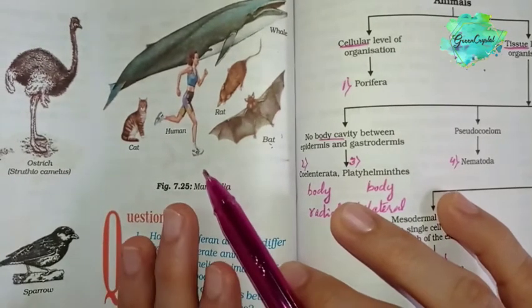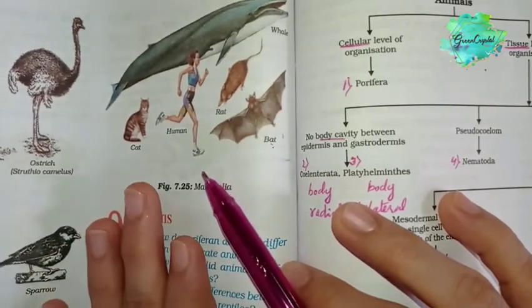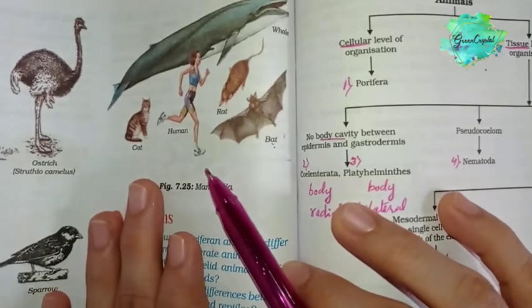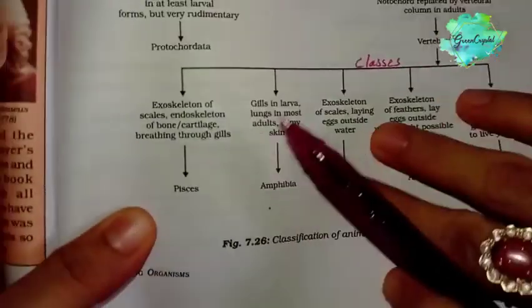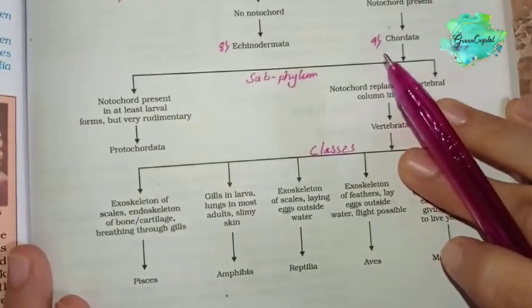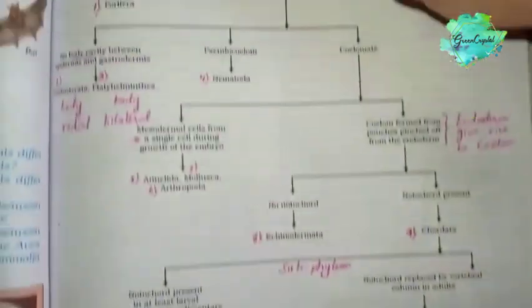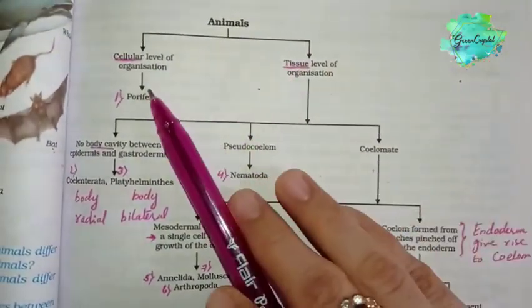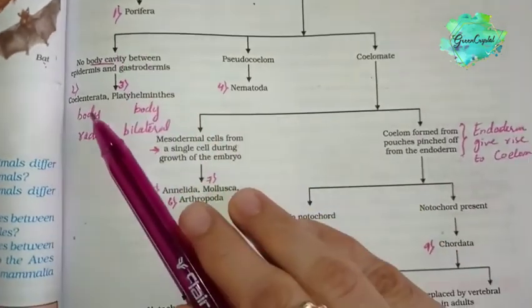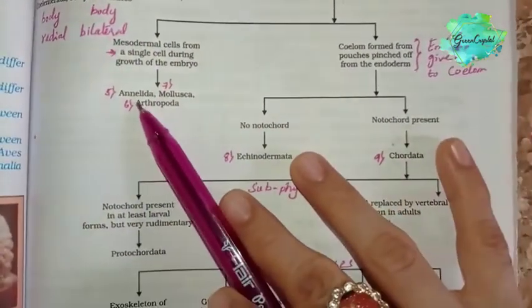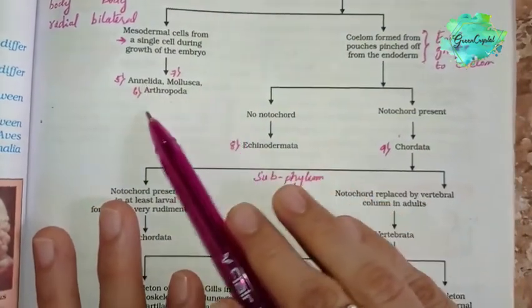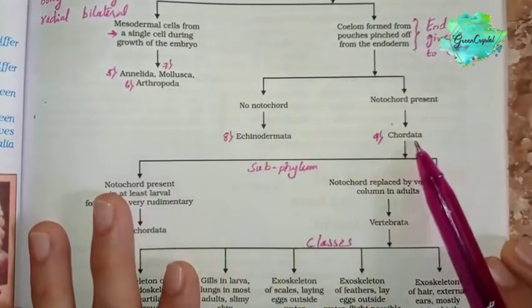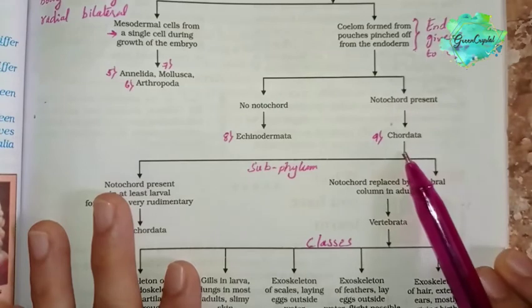So this is all of your phyla, and all your classification is finished here. Just have a look over your table once if you want. We know that kingdom Animalia is divided into Porifera, Coelenterata, Platyhelminthes, Aschelminthes, Nematoda, then Annelida, Mollusca, Arthropoda, Echinodermata and Chordata.